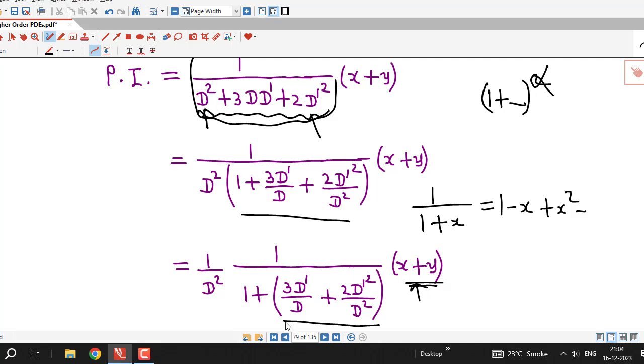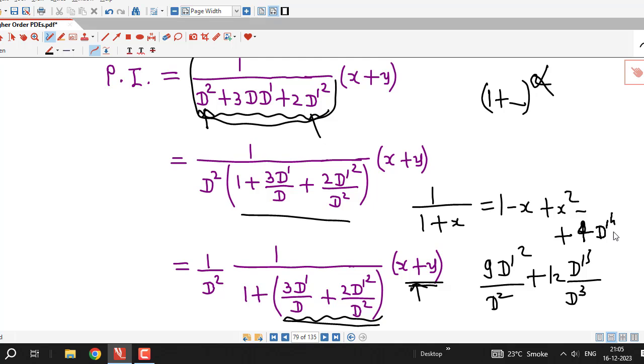Now in the next step I have to take the square of this quantity. So you can imagine the square of this quantity is going to be 9D dash square over D square, plus 2 into 3 into 2, that is 12, D dash to the power 3 divided by D to the power 3, plus the square of 2D dash square, that is going to be 4D dash to the power 4 divided by D to the power 4.